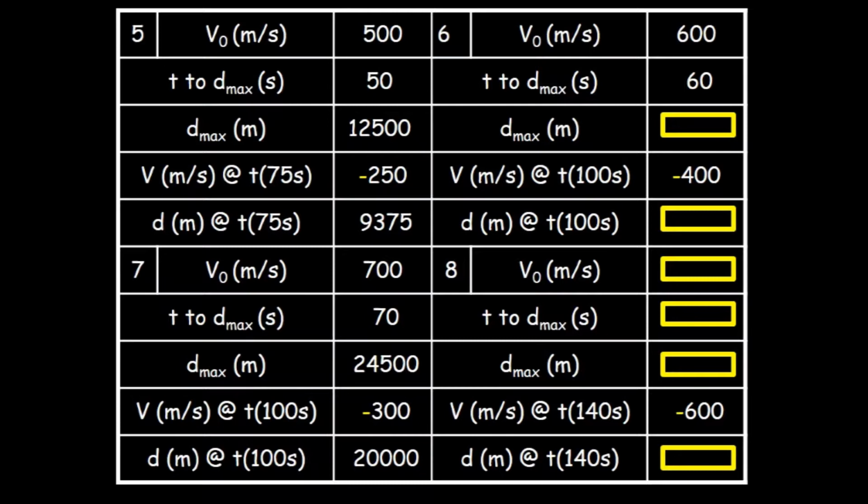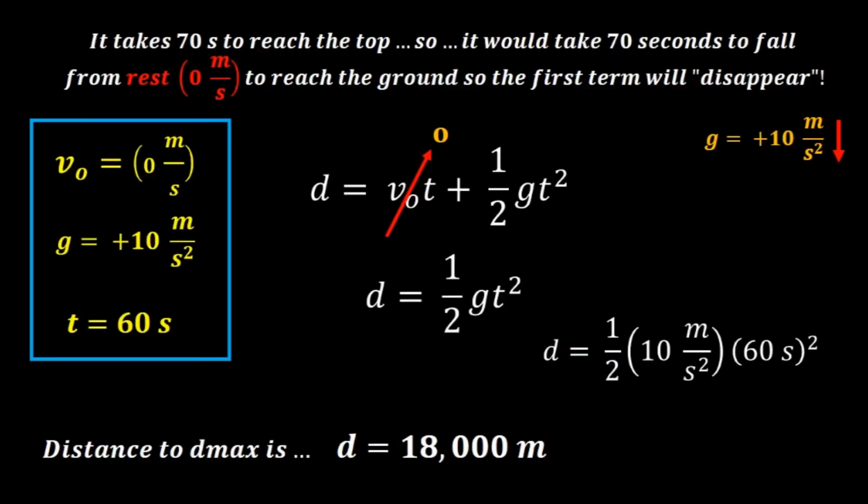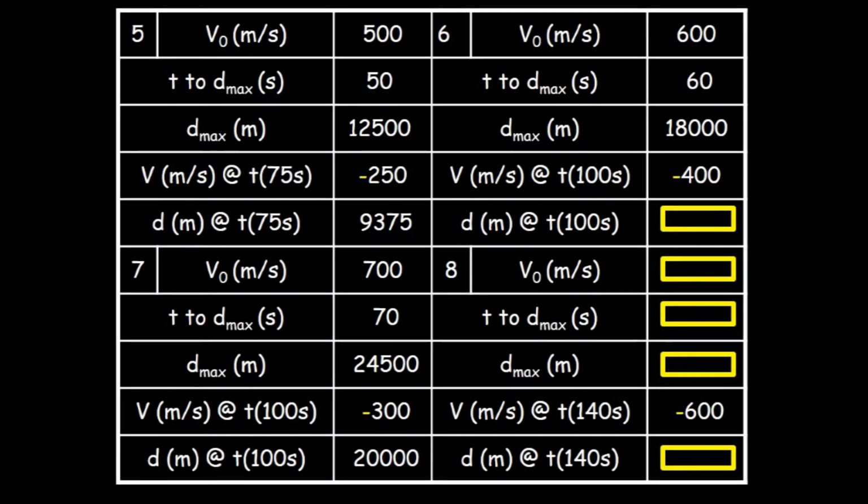It can either be the initial velocity 600 times 60 minus 1/2 10 times 60 squared, or simply say, well, at the maximum altitude, if it takes 60 seconds to get up there, and you drop it, and it accelerates for 60 seconds to hit 600 meters per second, then it's going to go a distance of 18,000 meters, and that'll be the D max, 18,000 meters.